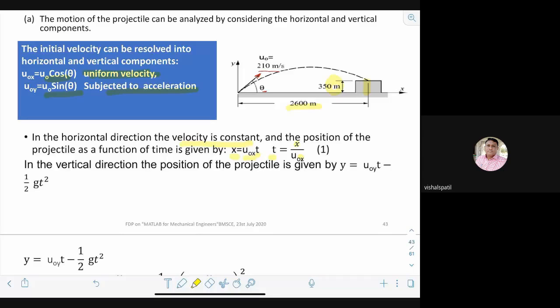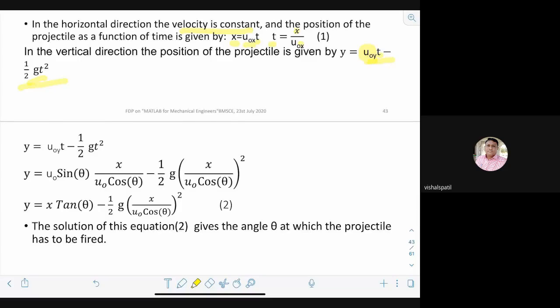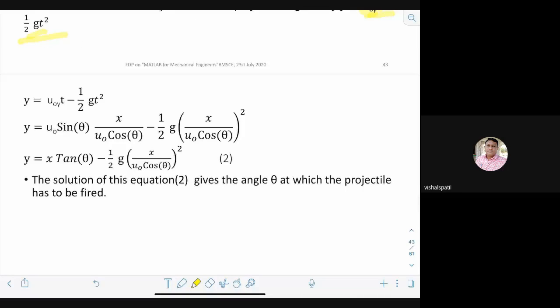But in the vertical direction, if you take the vertical component, then y is equal to ut minus half gt square. But that should be applied for the vertical component. Therefore, it is u0y t minus half gt square.